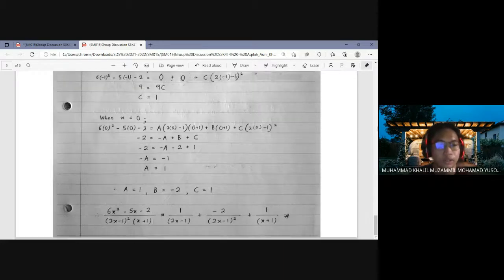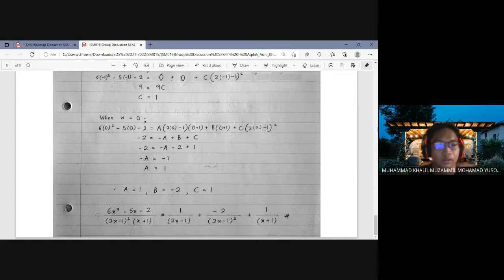So when x equals 1 over 2, we substitute 1 over 2 into x. Then we will get the value of b, which is negative 2. Next, we are going to find the value of c. When x is negative 1, we substitute the value of negative 1 into x, and then we will get the value of c, which is 1. So the final one is a.